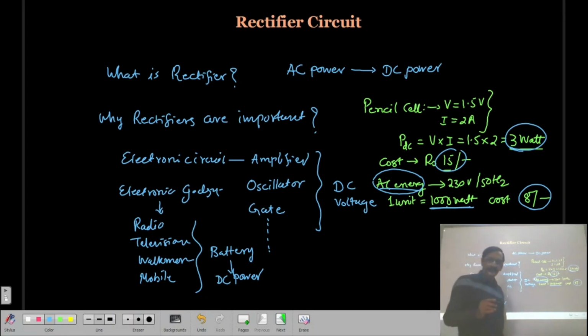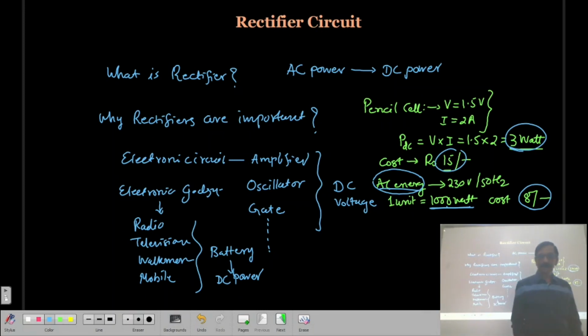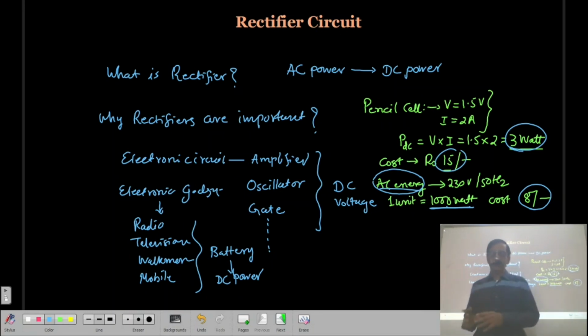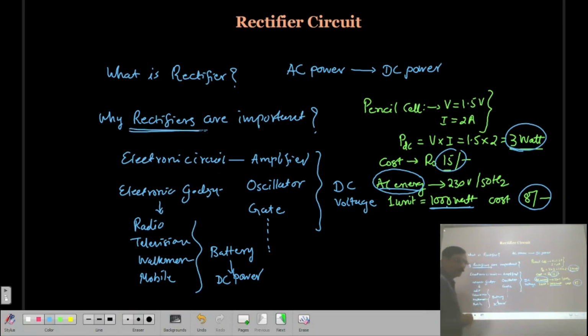Remember again that DC energy is very costly, AC energy is less expensive and easily available. That's why we require to convert AC energy into DC energy, and therefore the rectifiers are very important.